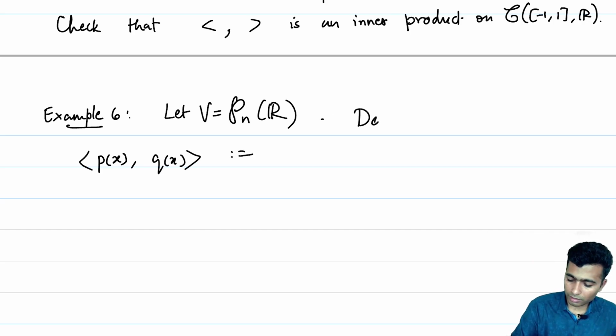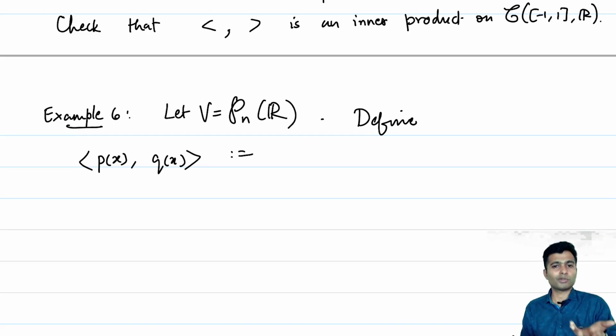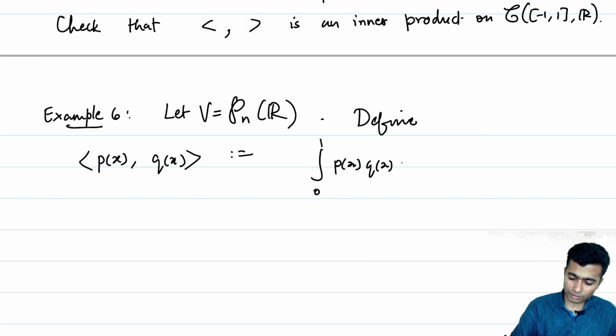So recall that Pn of R is sitting inside P of R, which is sitting inside C[0, 1] to R, for example. So we can define the integral from 0 to 1 of P of x, Q of x dx.